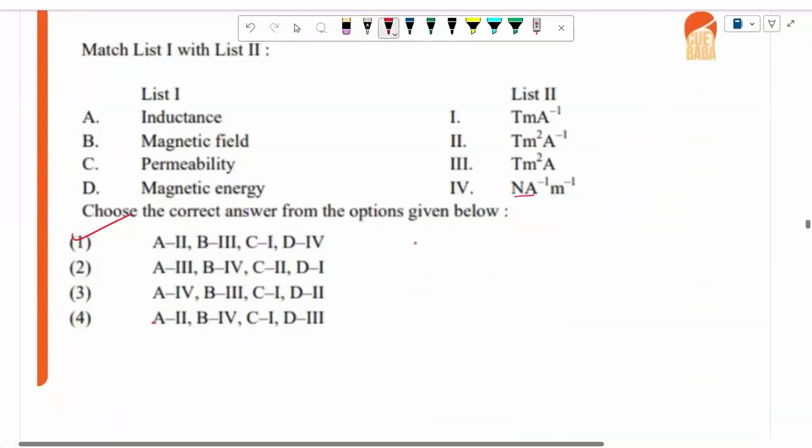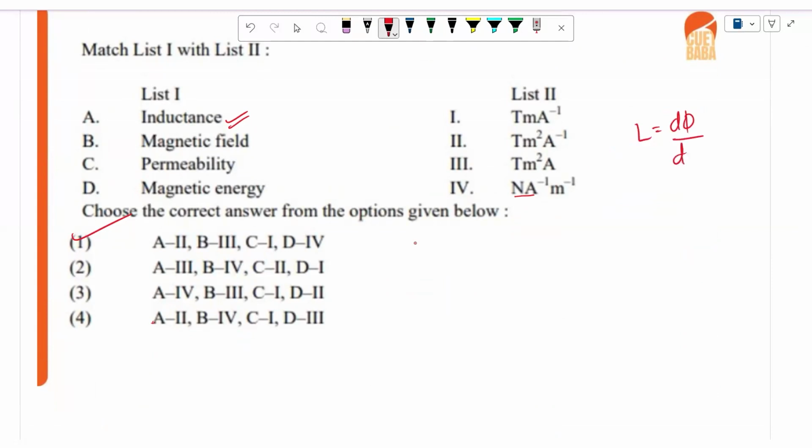Now, in this question, we have to calculate the units. So for inductance, we have this formula. Inductance L is equal to d phi by di, right? And phi is nothing but magnetic field B into A. So it is meter square upon ampere, right?